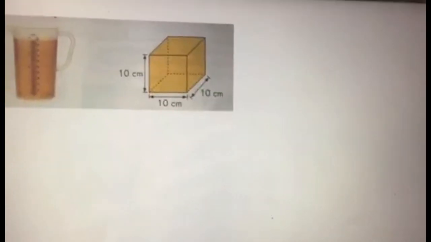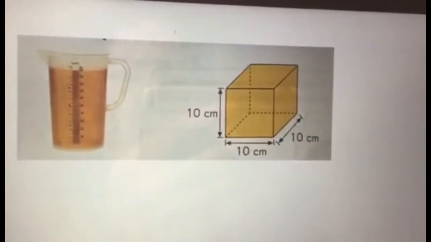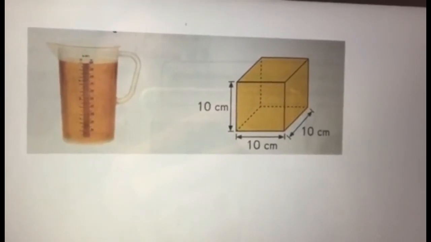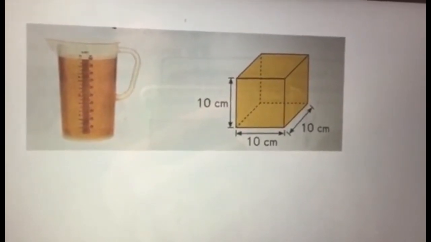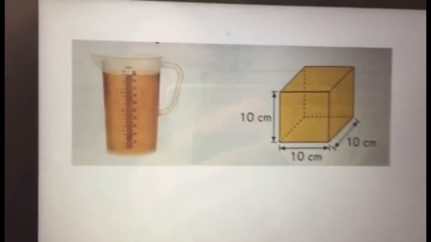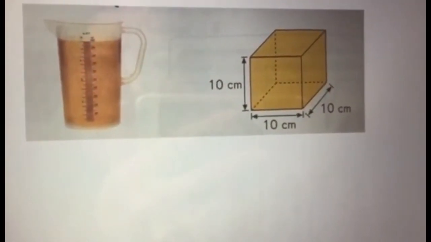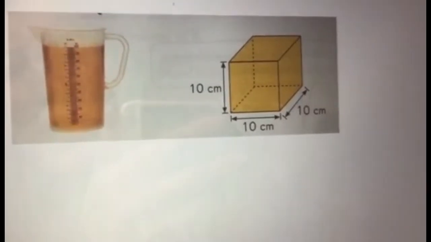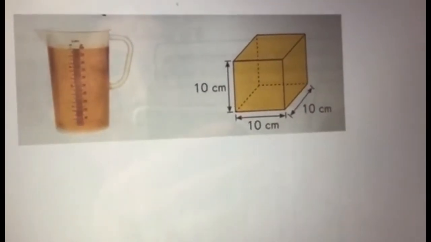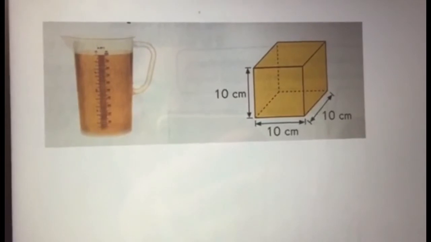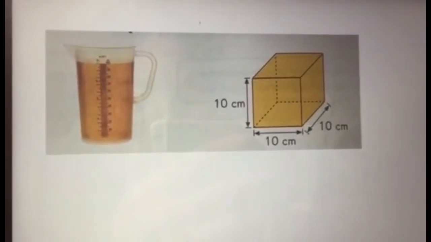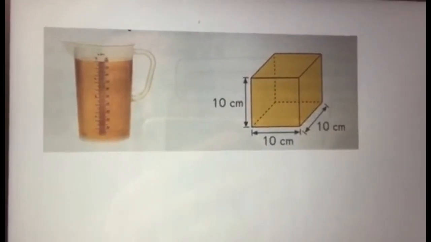Let's see how to do it. If we were at school, we might be able to experiment on it, but now I'm just going to show you how other people found how to convert milliliters and cubic centimeters.